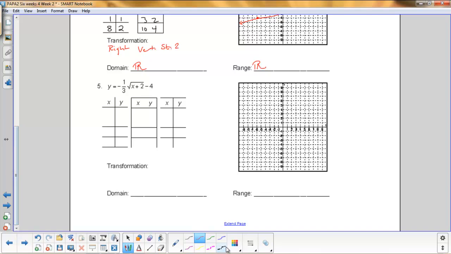Alright, number 5, we have several different graphs, or tables I mean. We're going to apply 2 different transformations so that we can see them separately. Back to the square root, y equals the square root of x. So we've got our critical values of (0, 0), (1, 1), (4, 2), and (9, 3).